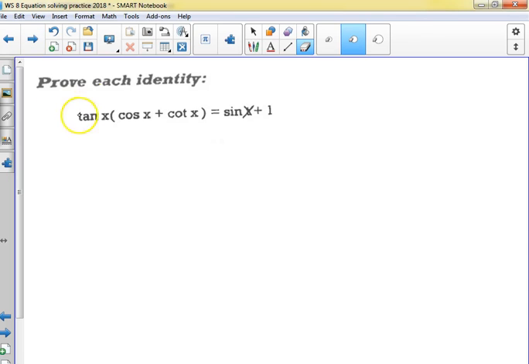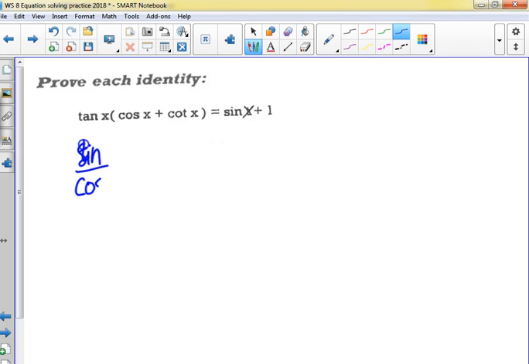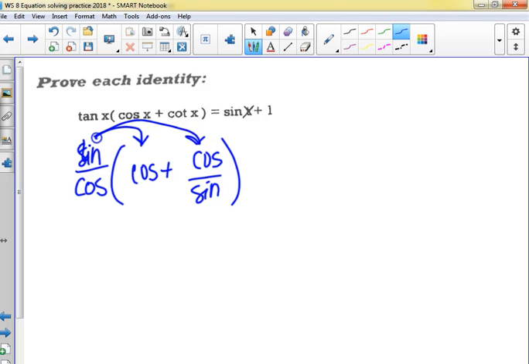Prove the identity. This one you would distribute. Want to do one like that? We need to get back to the review though. Tangent is sine over cosine, right? Times cosine plus cosine over sine. If I distribute that, what will I get?